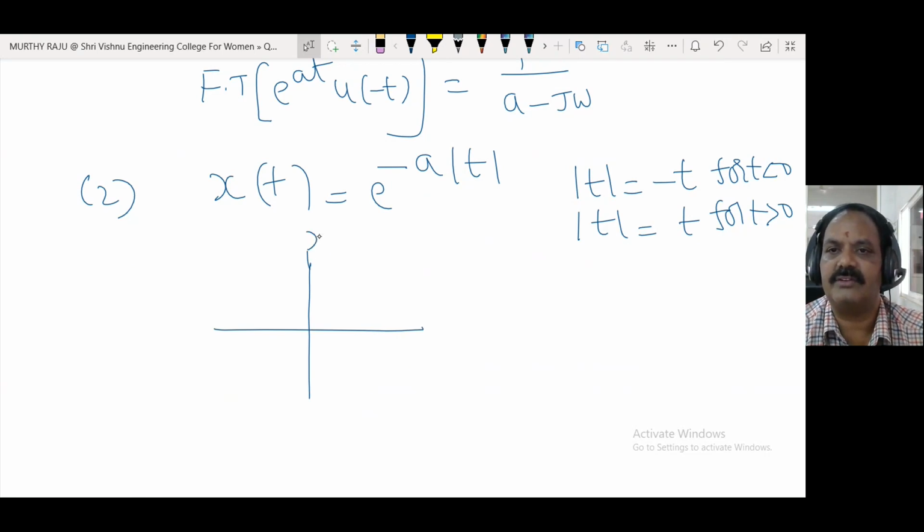This one is the x of t function, a two-sided exponential function, with 0 here, positive t on this side and negative t on this side.